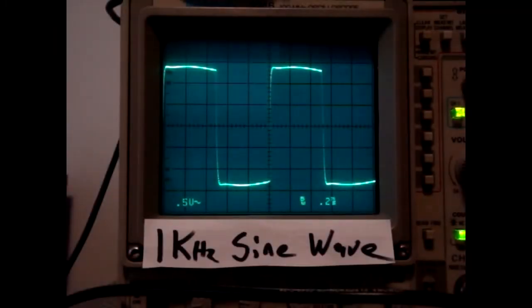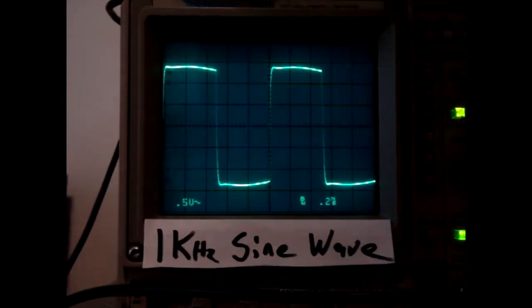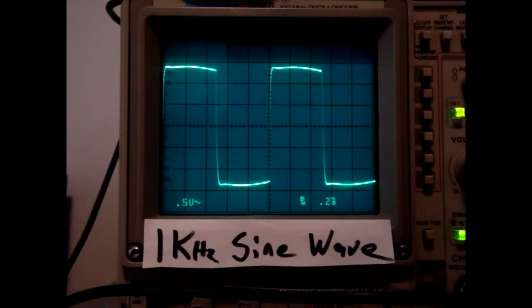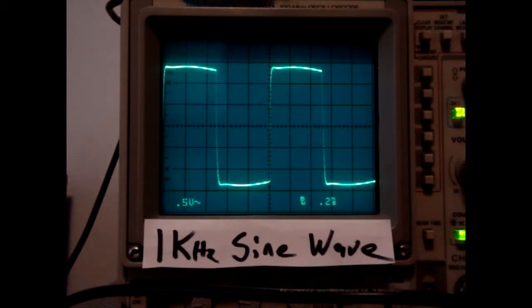One of the other purposes I use the signal generator for is running square waves. As you can see here on the screen, they're square. What I use this for is to see if there's any kind of exaggerated frequency response, usually in the treble, sometimes in the bass.